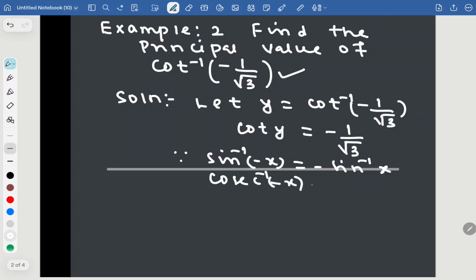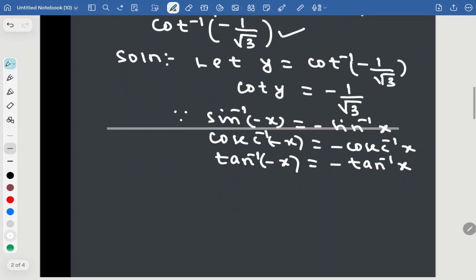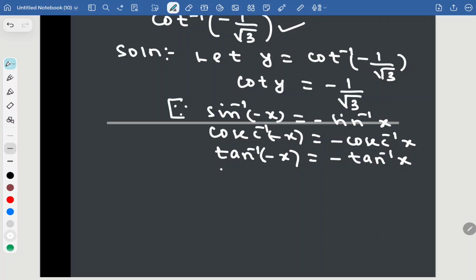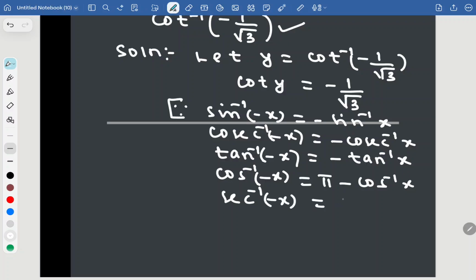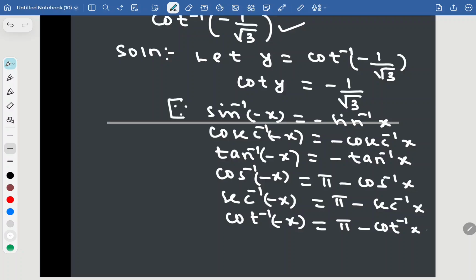Cosecant inverse of minus x is minus cosecant inverse of x, tan inverse of minus x is minus tan inverse of x, cos inverse of minus x is pi minus cos inverse of x, secant inverse of minus x is pi minus secant inverse of x, cot inverse of minus x is equal to pi minus cot inverse of x.